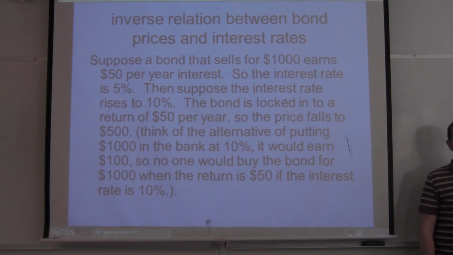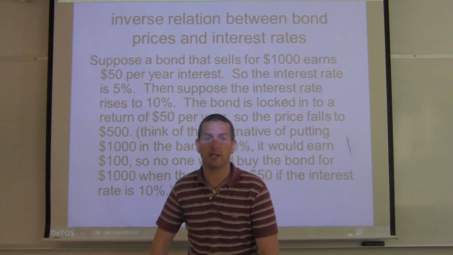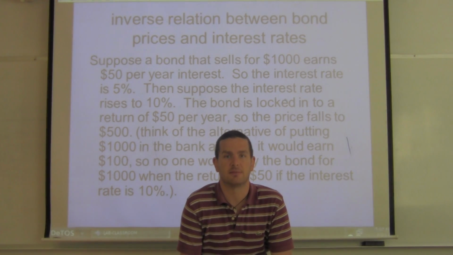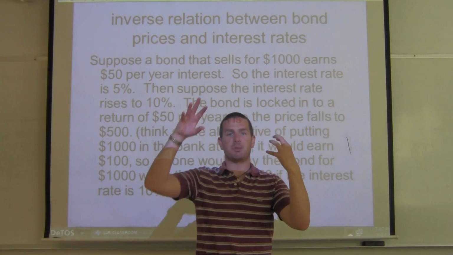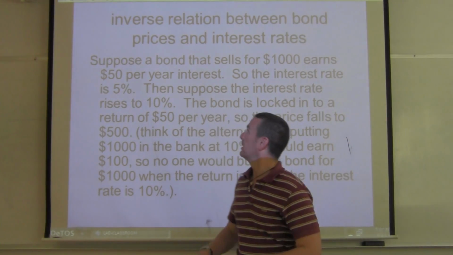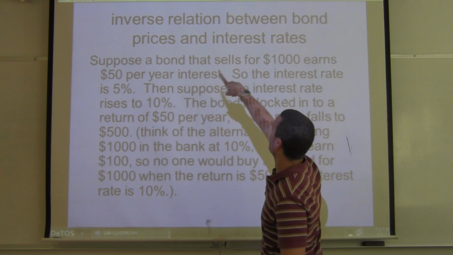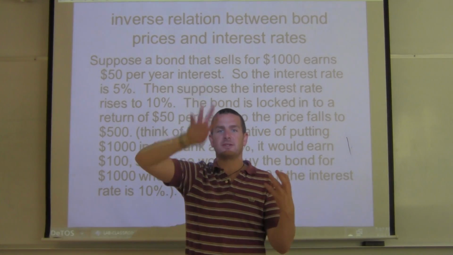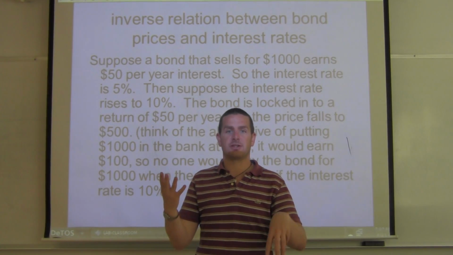There's one more thing we need to talk about, which is on the slide behind me, and you can read it, but you can memorize it too. When interest rates go up, the prices of bonds go down. It should say right here, inverse relation between bond prices and interest rates. When interest rates go up, bond prices go down. When bond prices go up, interest rates go down.